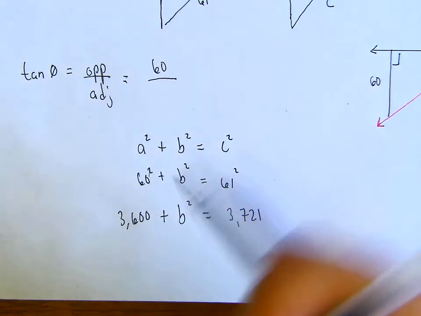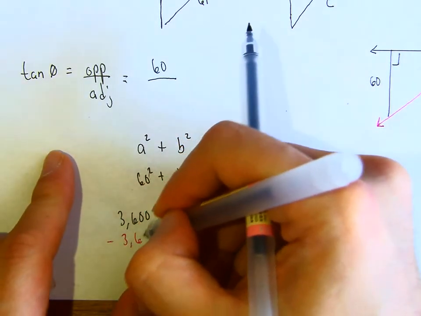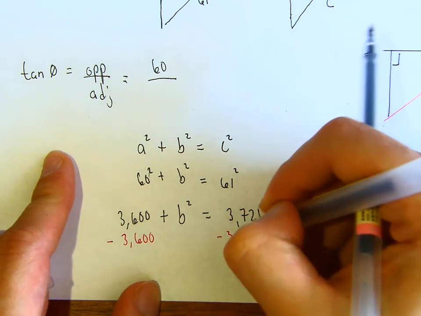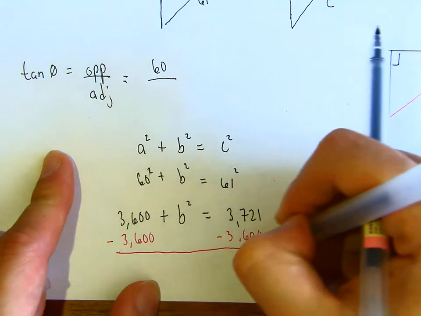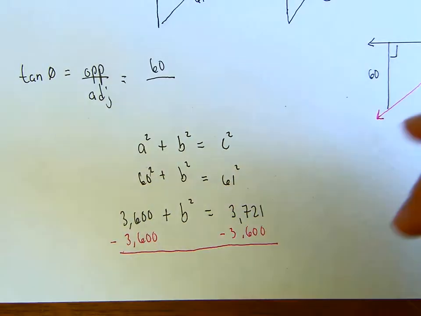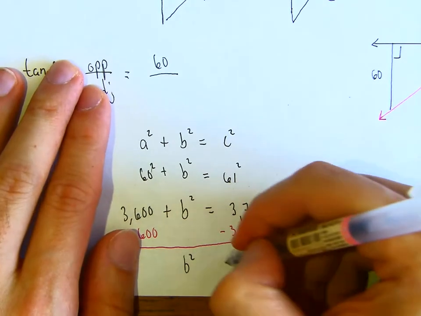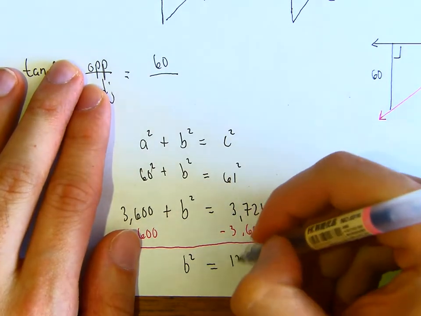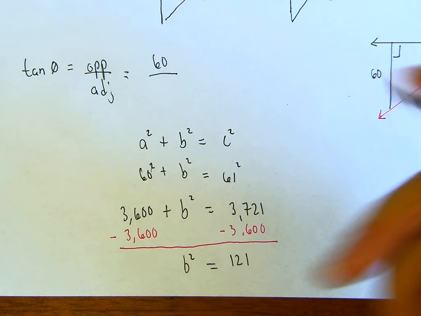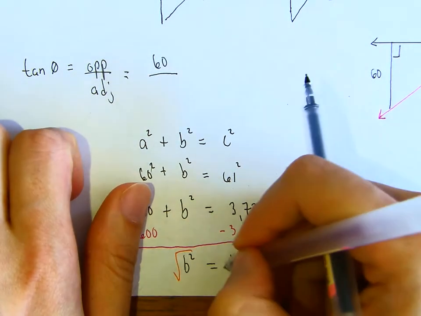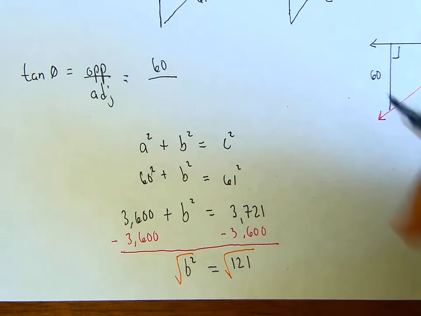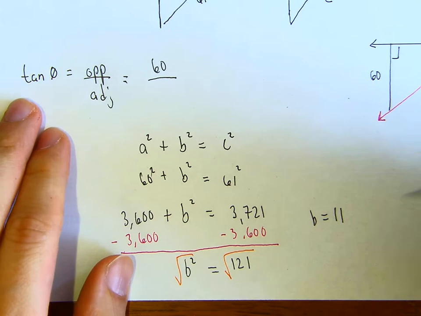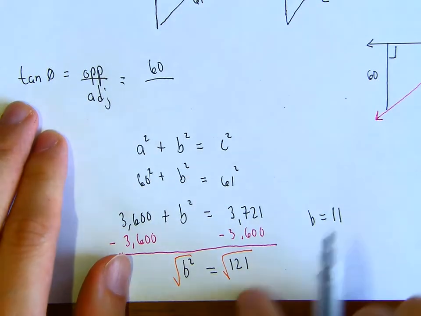We need to subtract 3,600 on both sides. So now we have B squared equals, what is this, 121. And then what do we do from this position? We square root. And now we have B is equal to 11, okay? Because the square root of 121 is 11.